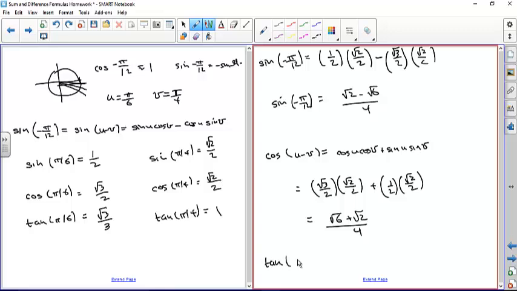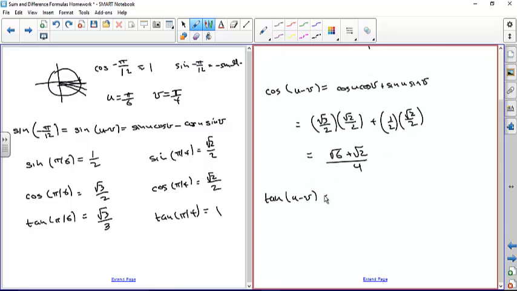And then the tangent of u minus v equals the tangent of u minus the tangent of v, divided by 1 plus the tangent of u times the tangent of v.